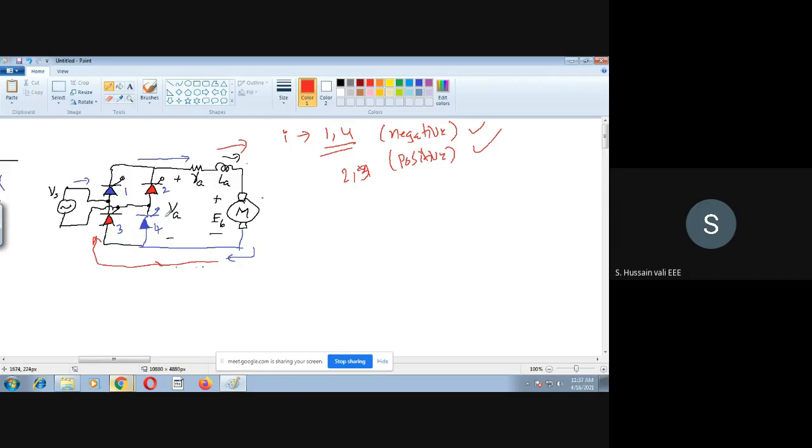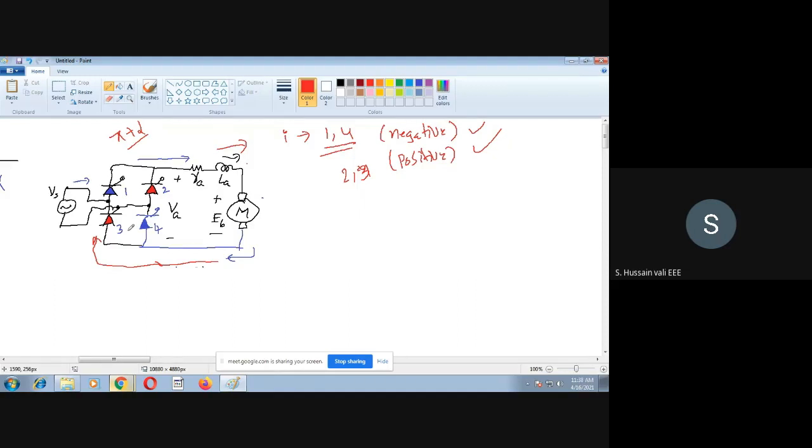Why it is so is that at that instant, that is at pi plus alpha, the voltage across 2 and 3 is a positive voltage. Whereas across 1 and 4, the anode of 1 is at negative voltage, and similarly the anode of 4 is negative voltage.